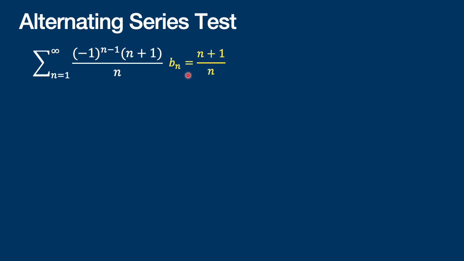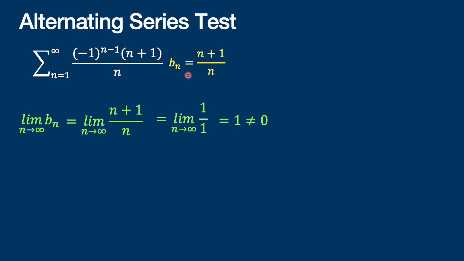But before you try the alternating series test, you have to do the divergence test. Find the limit of Bn, that's the limit of n plus 1 over n. You're going to apply L'Hopital's rule: derivative of n plus 1 is 1, derivative of n is 1, the limit is 1.